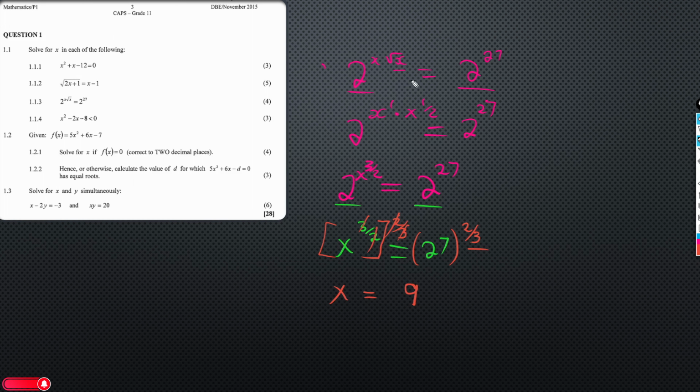I think the most important part is adding the exponents together and then ensuring that the exponents are equal to each other as the bases are equal to each other. If the bases are not equal to each other, you have to deal with it.